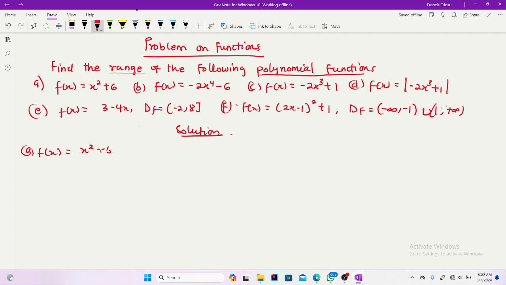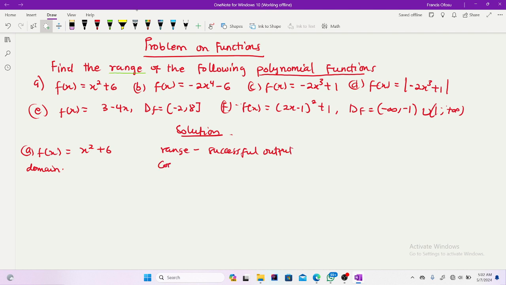When we want to find the range of any polynomial function, as I said in the previous video, you need to get a domain. The range is simply the output of a function, the successful output.